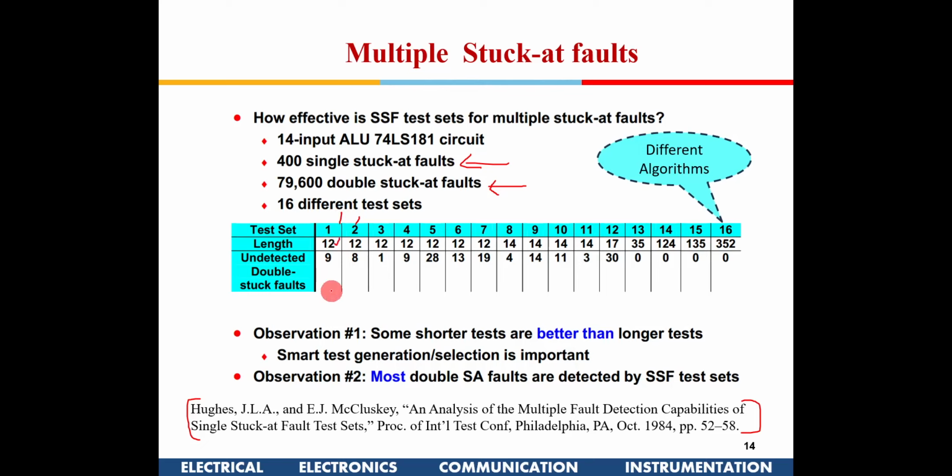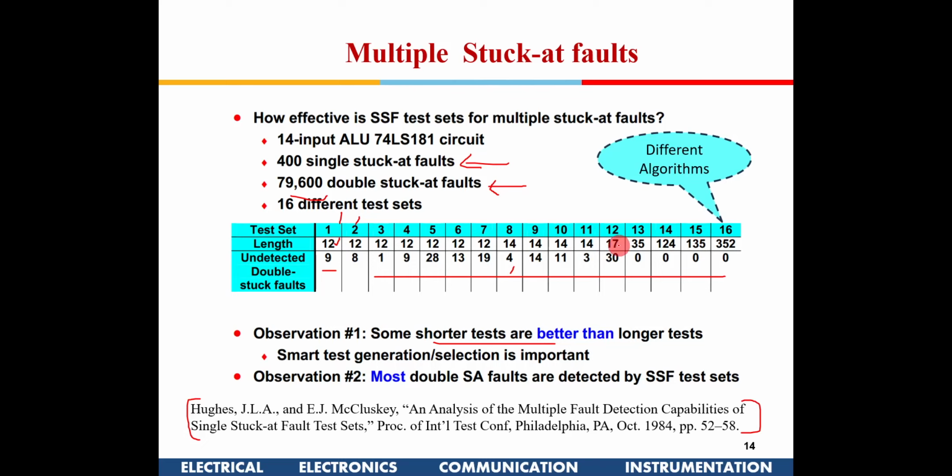When they applied 12 test vectors, total undetected double faults were only 9 out of these many, right? Because if you are trying to find a single stuck-at fault, it will generally cover multiple stuck-at faults also. From these results, one can say that some algorithms use a shorter test, and not necessarily if you have a large number of test vectors will you do better. Here 14 were used and only 4 were not detected.